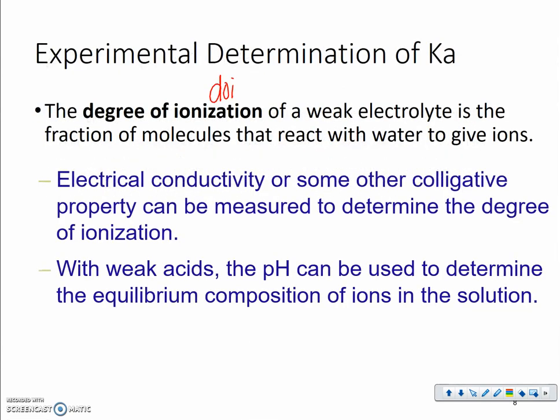Okay. So the degree of ionization is measured for an acid as the amount of hydronium ions you have at equilibrium versus your starting concentration of acid.